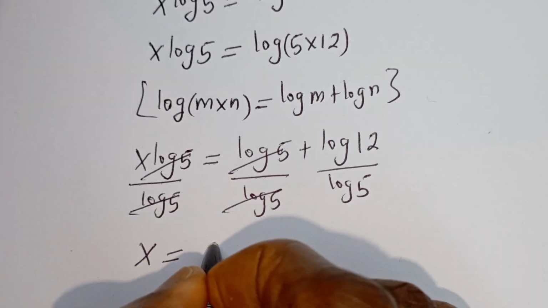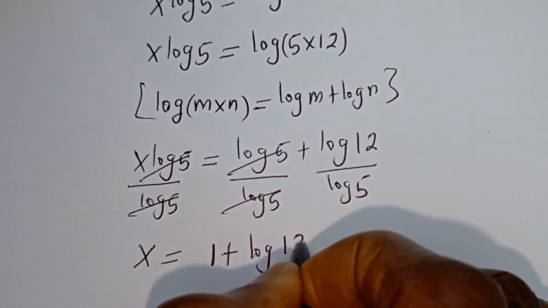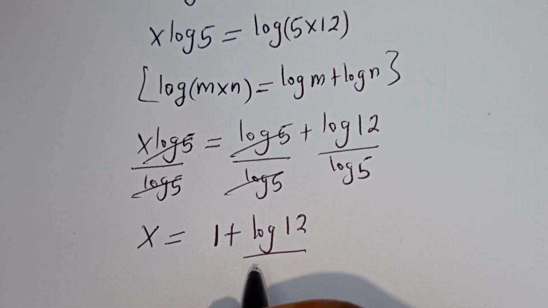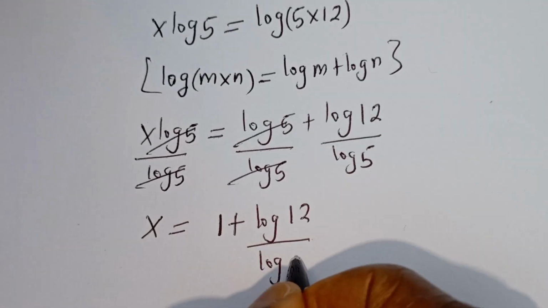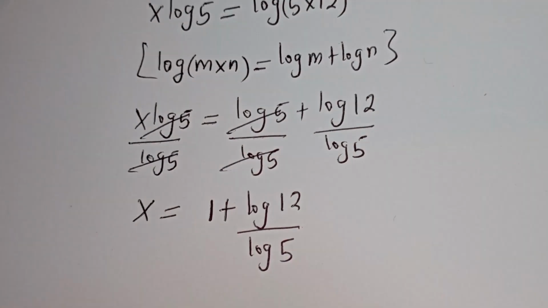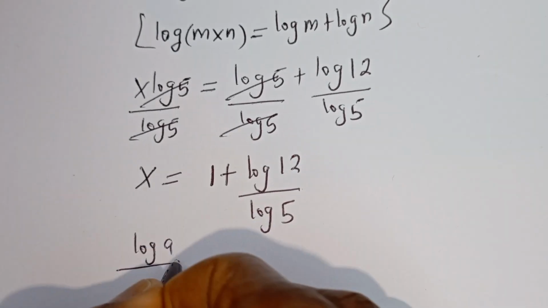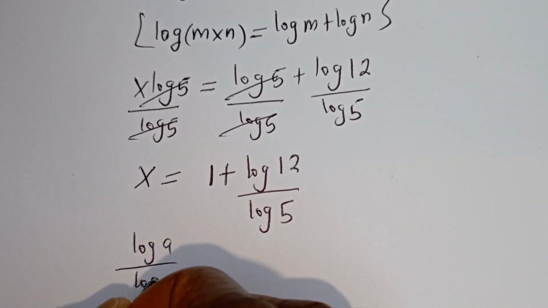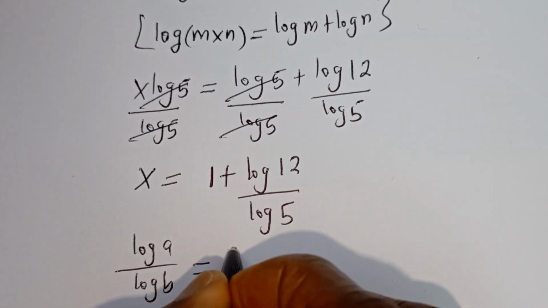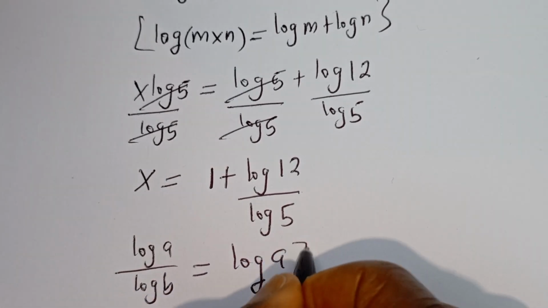x will be equal to 1 plus log 12 over log 5. But take note of this, that if you have log a over log b, this is equal to log a base b.